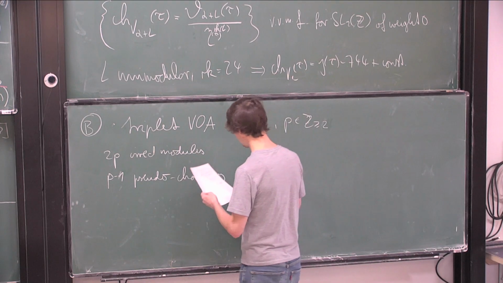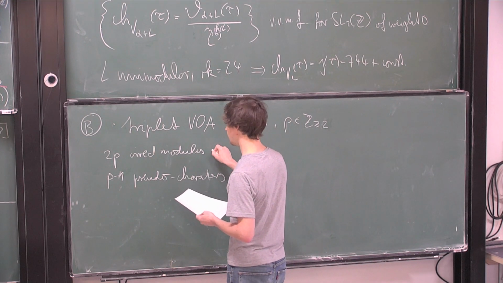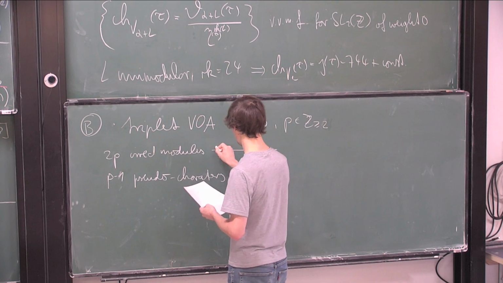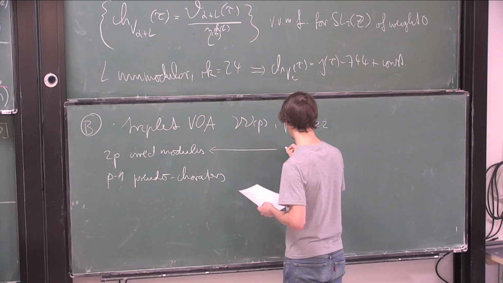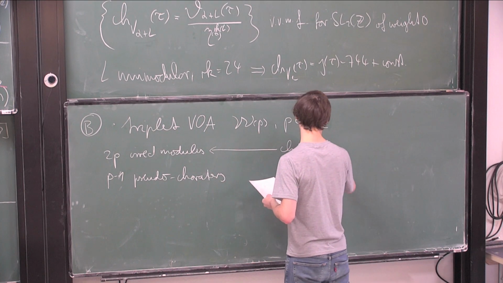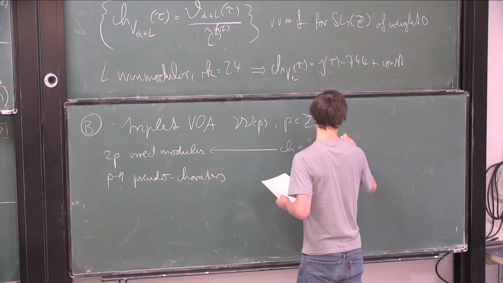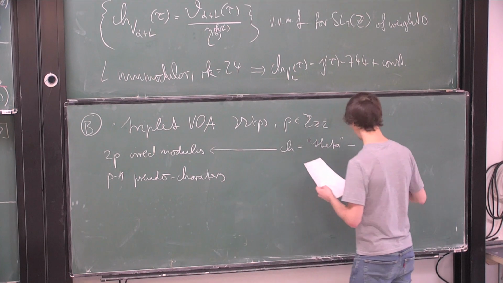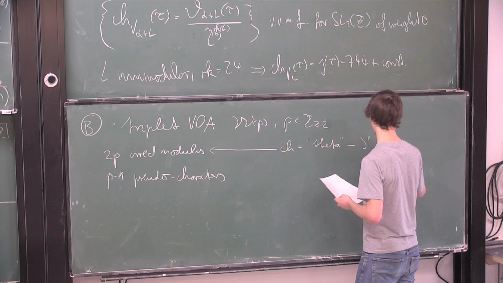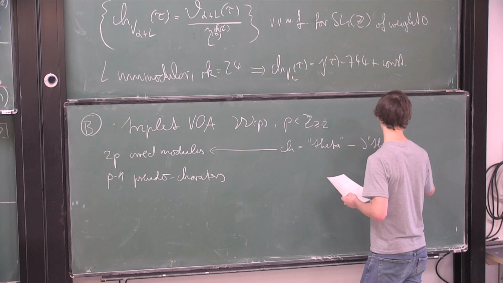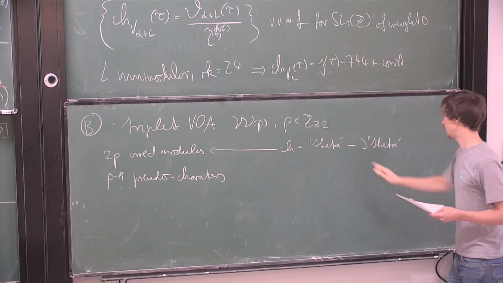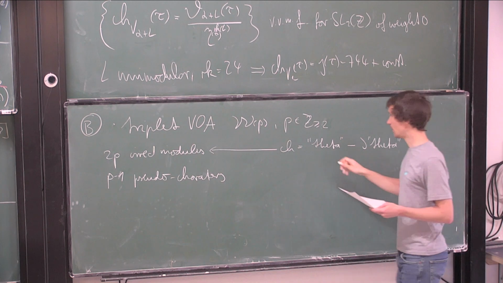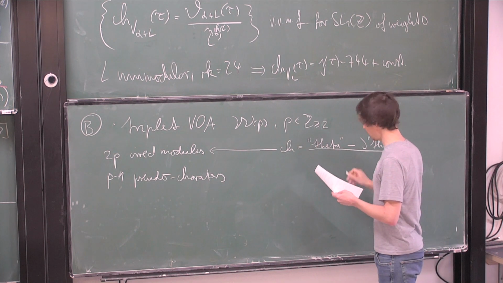Right. So what do these look like? So what are the characters here? The characters here of the form, you have some theta function, but then you also have minus the derivative of a theta function. Right. So that you see already the weight is now mixed. Divided by some eta.